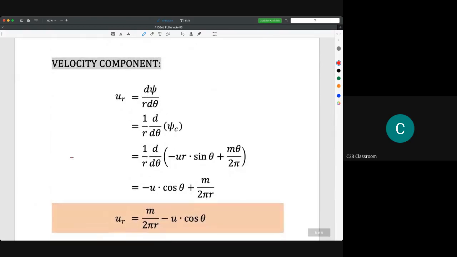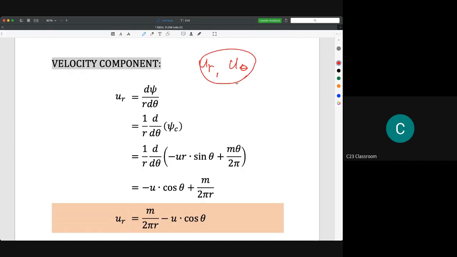Okay. Then we try to calculate the velocity component. Please remember the Cauchy-Riemann equation. I will go a little bit faster here because you already know about it. Because we are dealing with polar coordinates, we have UR and U theta.